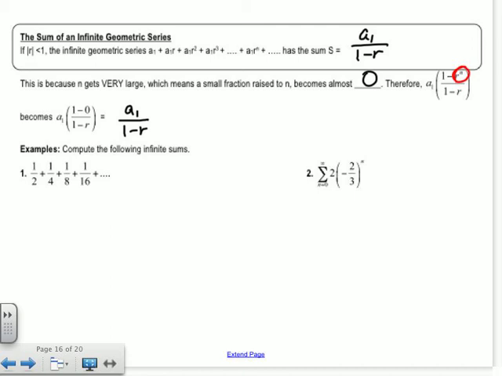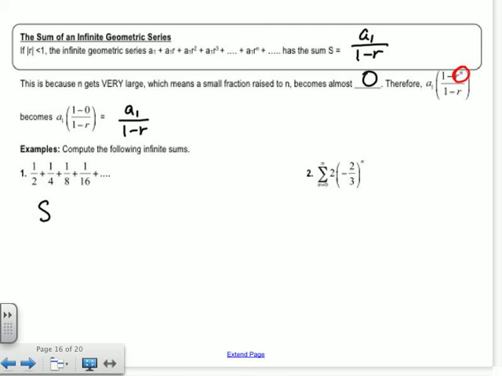All right, so compute the following infinite sums. If I have 1/2 plus 1/4 plus 1/8 plus 1 over 16, what's r? 1 half. What's a sub 1? 1 half. This goes on forever. That's why you have the dot, dot, dot.